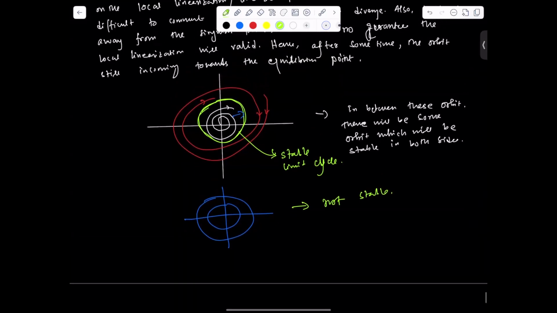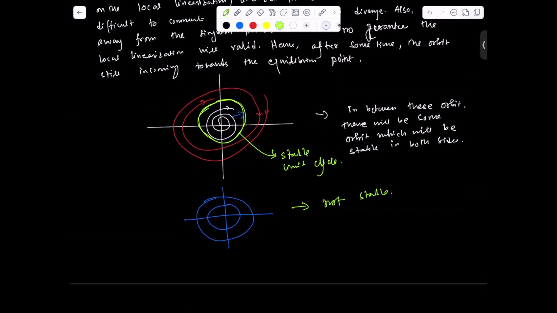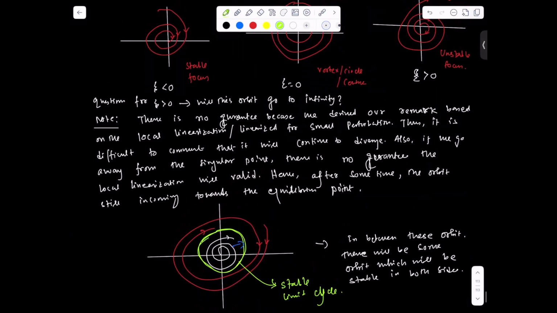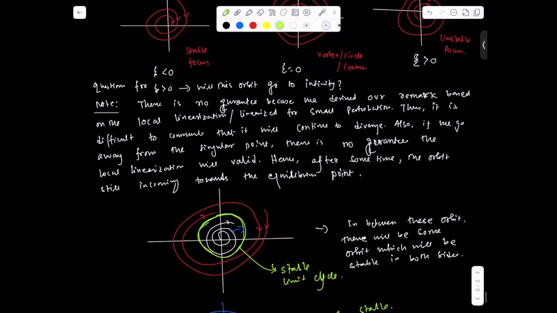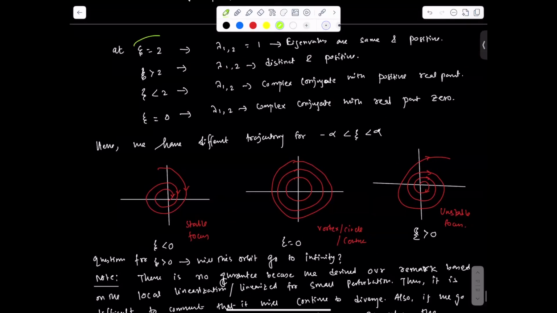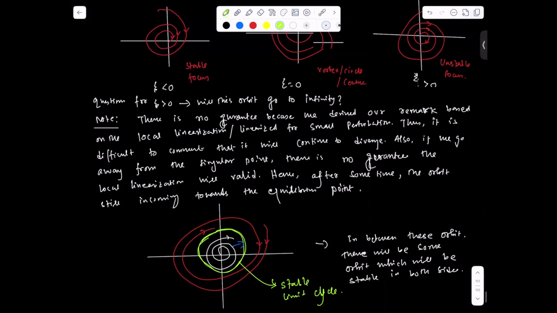So this is how the limit cycle occurs in the system. So it is difficult to comment in general, but in particular for our example, this is the condition that keeps the limit cycle in the system.